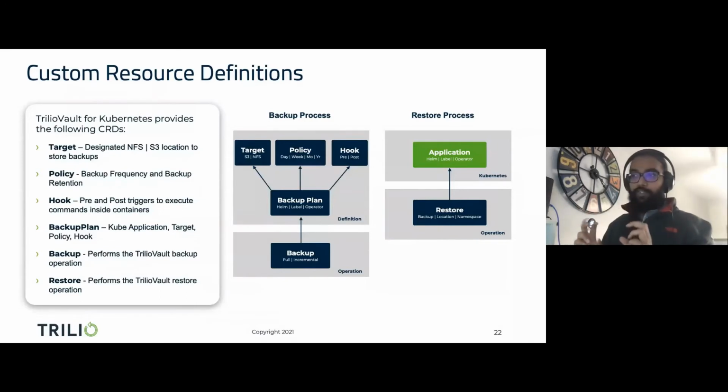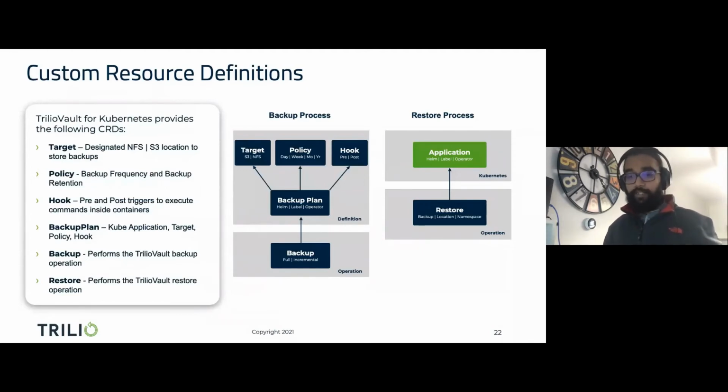Then you have the concept of a backup plan. The backup plan is nothing but a protection scope of what you want to protect. It can be one Helm app, multiple Helm apps, multiple label apps, or multiple operator apps. It can be anything as a user that you want to define.